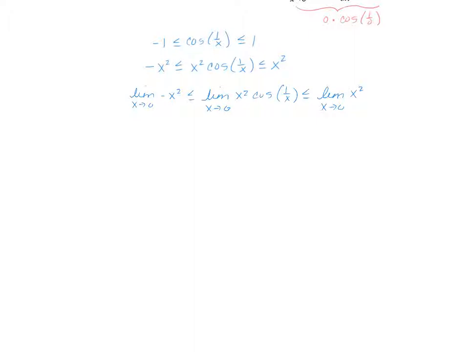So plugging in 0, I have 0 less than or equal to the limit as x goes to 0 of x squared cosine of 1 over x, which is less than or equal to 0. So since the left and right are both 0, that means that the limit as x goes to 0 of x squared times cosine of 1 over x is equal to 0 by squeeze theorem.